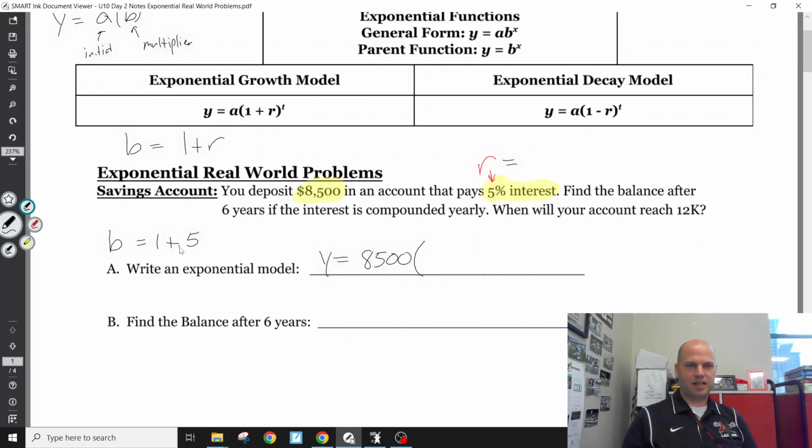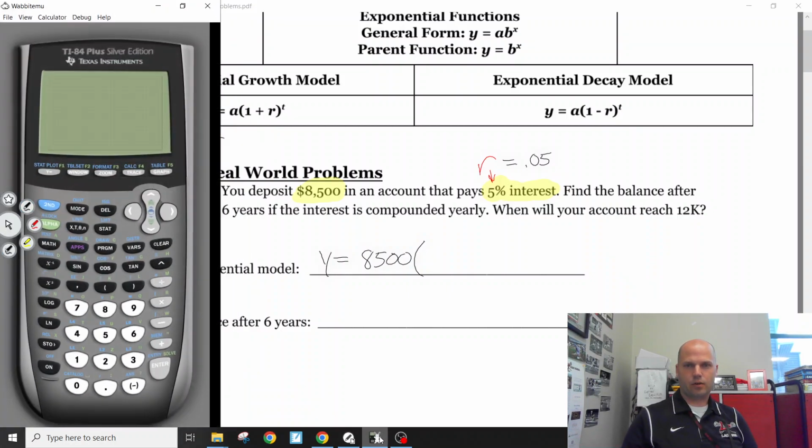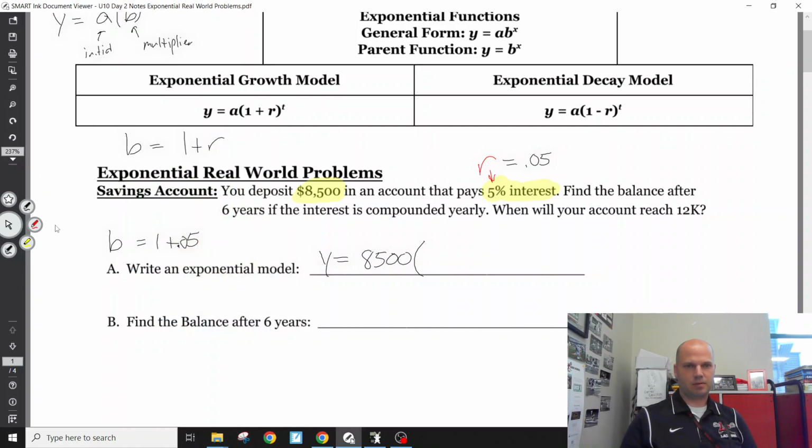That doesn't make sense. We're only growing by 5%, which is why we need to turn this percent into a decimal. You could either divide by 100 or just move the decimal place over twice. 5 divided by 100 turns 5% into 0.05, the decimal. So 1 plus 0.05 is 1.05.